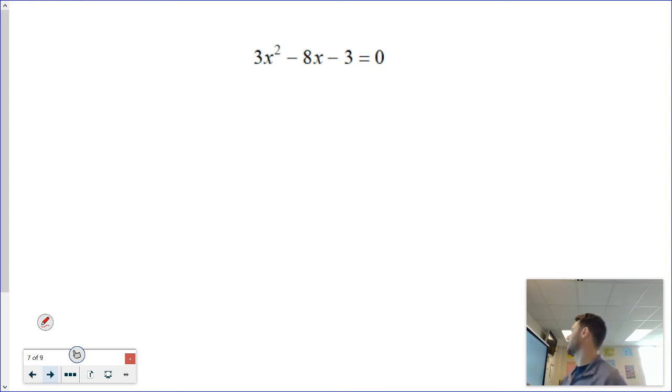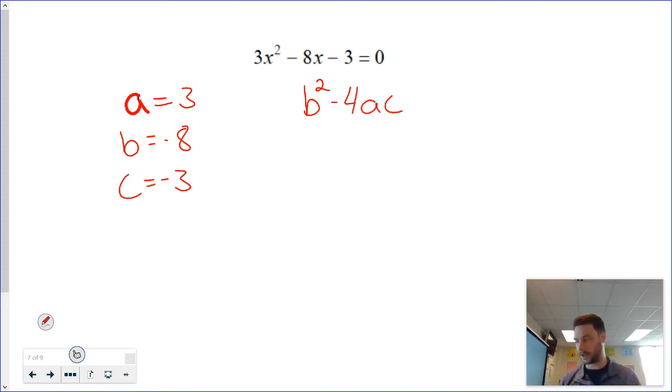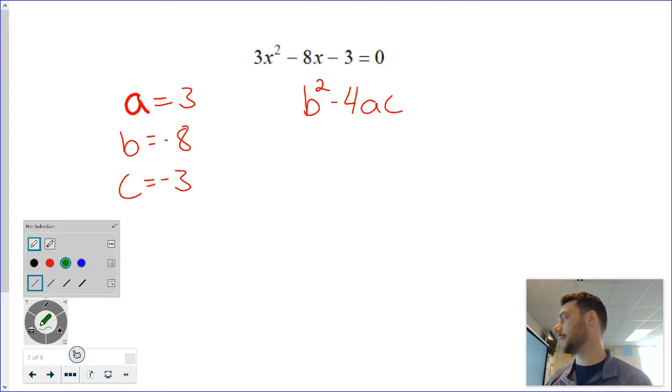So the discriminant, if a is 3, b is -8, and c is -3, we're still going to go through and do b squared minus 4ac. We're just going to plug these in and see what happens.